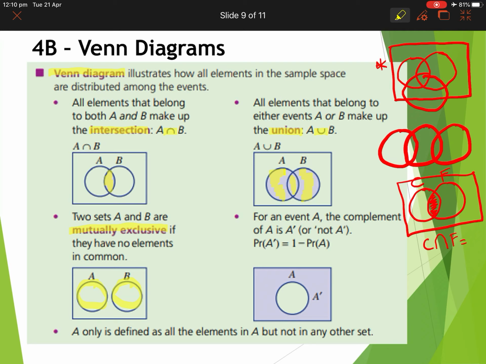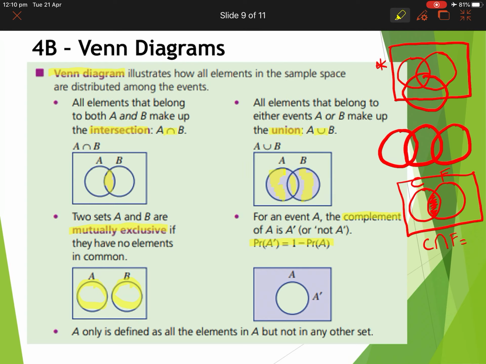And one last thing, we've got something called a complement. That just means if you've got a set A, then everything that's not in A. So this is the little formula for it.